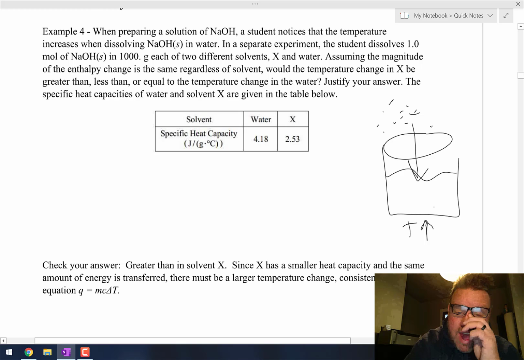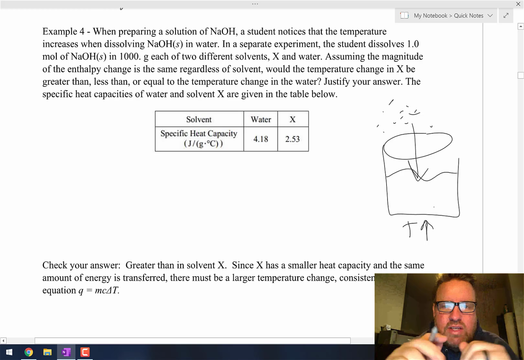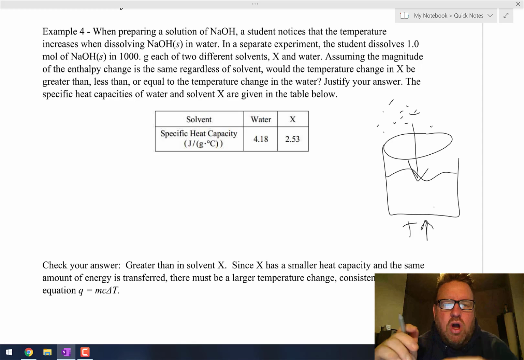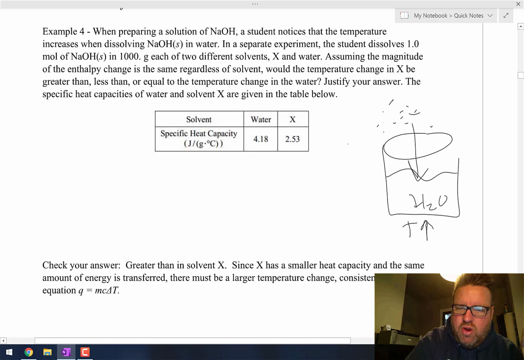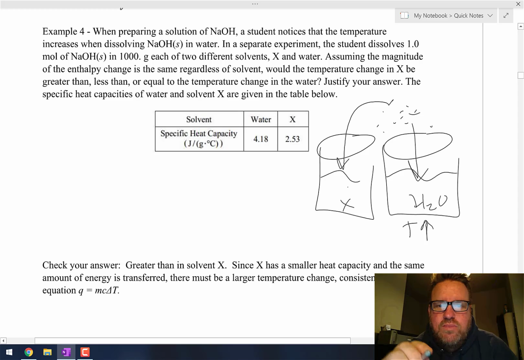And that is an exothermic process. In a separate experiment, the student dissolves 1 mole of sodium hydroxide in 1,000 grams of 2 different solvents. One of them is water, the other one is solvent X.